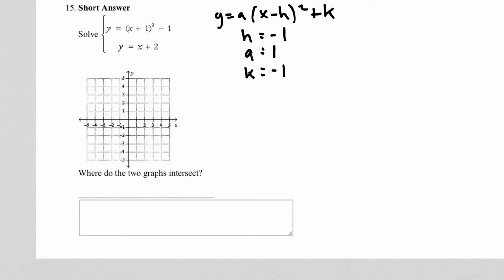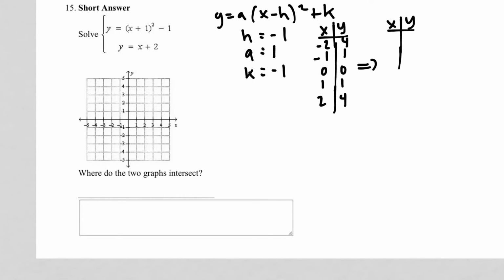Okay, write out the parent function of a quadratic, which we talked about before many times. -2, -1, 0, 1, 2 are your x values. 4, 1, 0, 1, 4 are your y values. And using that parent function, you're going to create a new table using your h, a, and k.